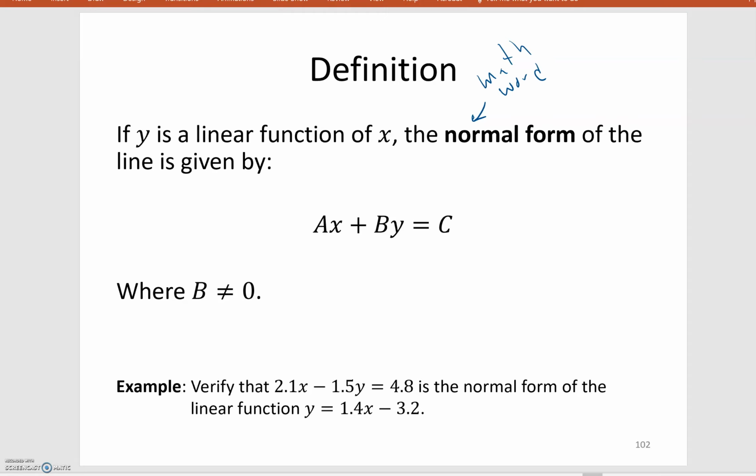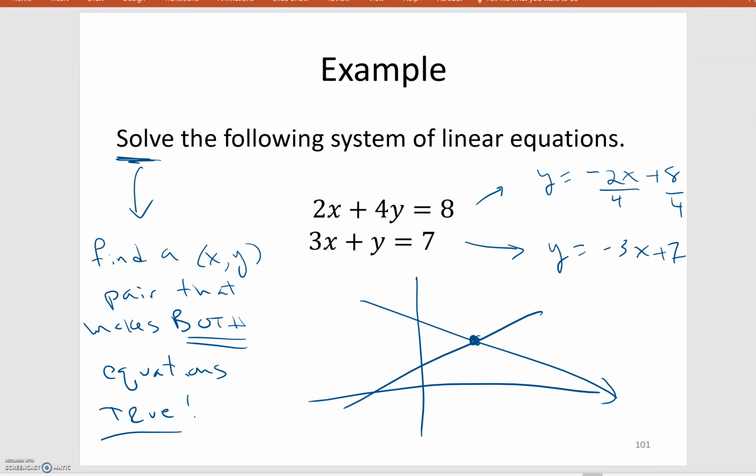So this is just the nomenclature that we use for this form of a linear function, where the x and the y's are together on one side and the constants on the other side. Okay, and then we could convert this to mx plus b form by moving terms over and dividing, as I've done in this example.